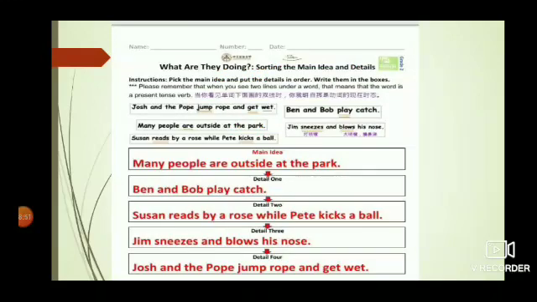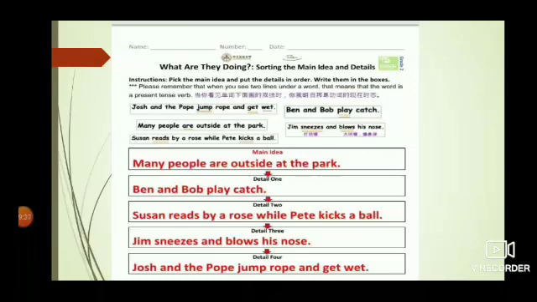This is what we need to do now, because we have read our sentences, we have identified the main idea, and lastly, we were left with the details, and then we sorted out the details. So now what we need to do is write them down in our worksheet. Can you see the first block? Main idea. We said many people are outside at the park. Detail 1. Ben and Bob play catch.